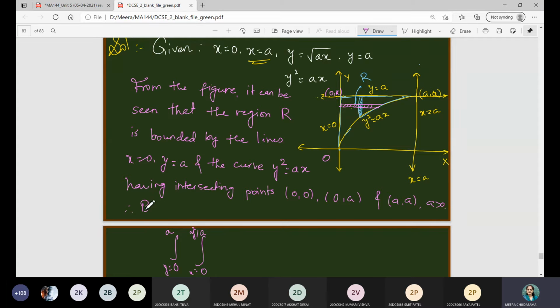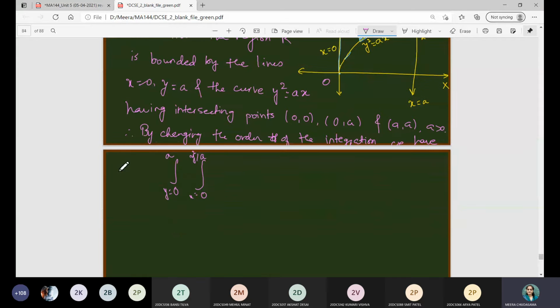So therefore you can write by changing the order of the integration, we have. तो क्या हो जाएगा? लेफ्ट हैंड साइड में आप जो एक्सप्रेशन है वो लिख दीजिए. So it is actually integral from 0 to a.